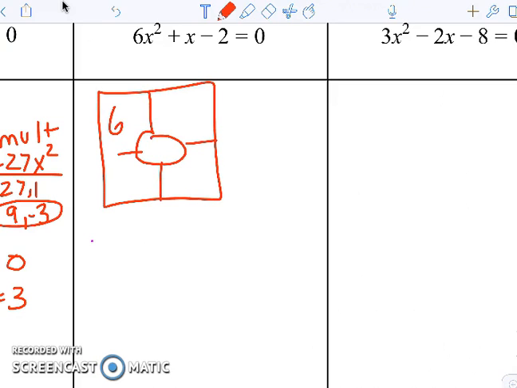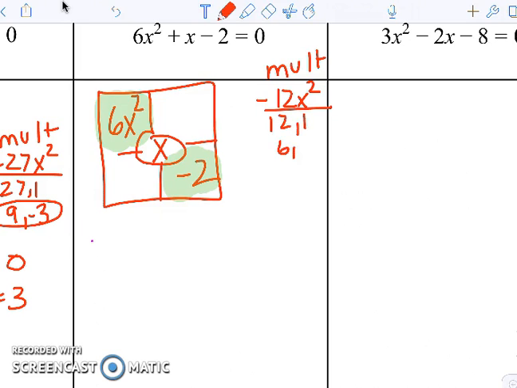So we have 6x squared, x, negative 2, and then let's see, these two boxes we multiply together, so we have negative 12x squared, and the terms need to multiply to this. So we got 12, 1, 6, 2, 4, 3, and they have to add to x, so this would have to be negative 3. So we have 4x and negative 3x.